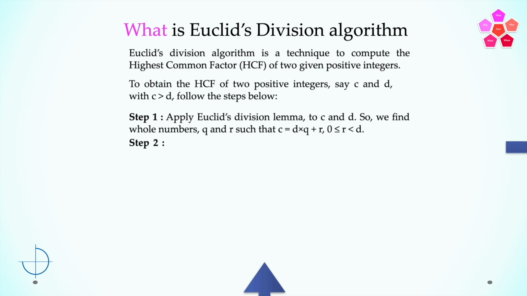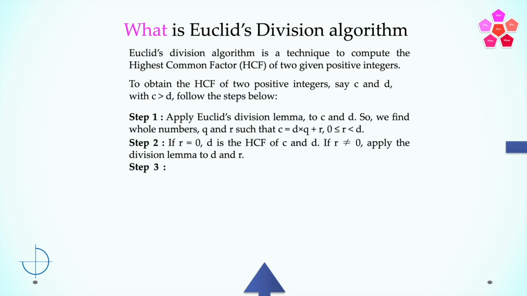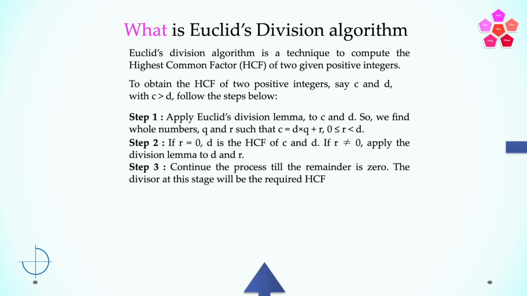Step 2 is to check: if r is equal to 0, then d is the HCF of c and d. If r is not equal to 0, then we apply the division lemma to d and r again. Remember, it is d and r and not d and c. Step 3 is to continue the process till the remainder is 0. The divisor at this stage will be the required HCF.